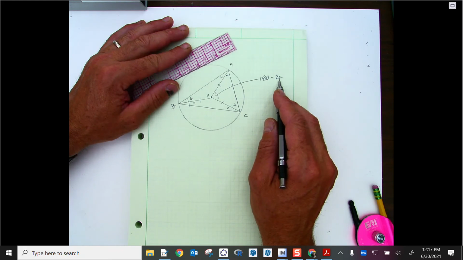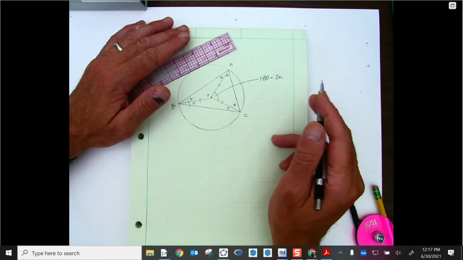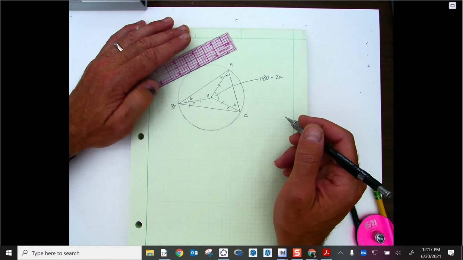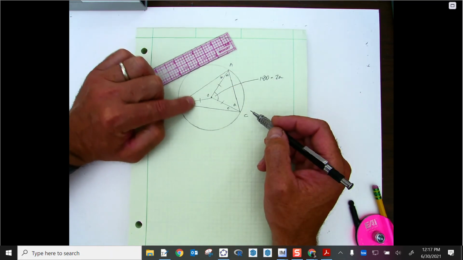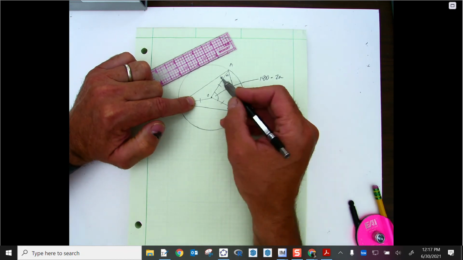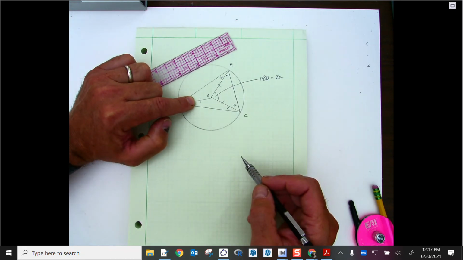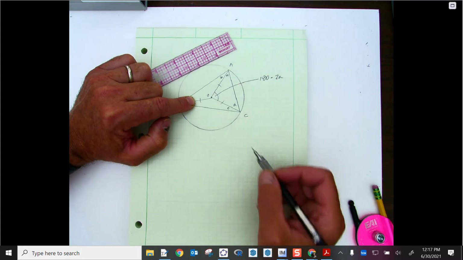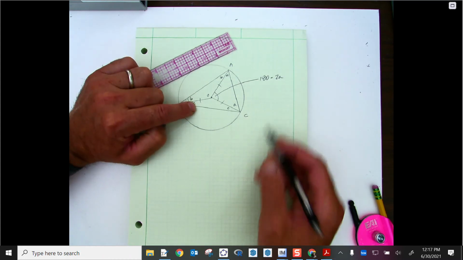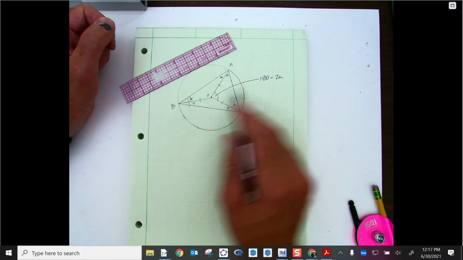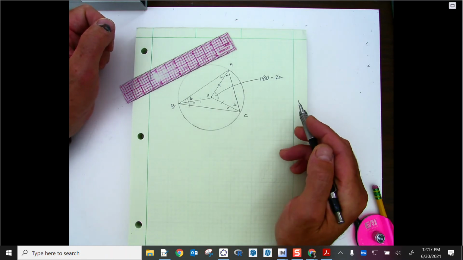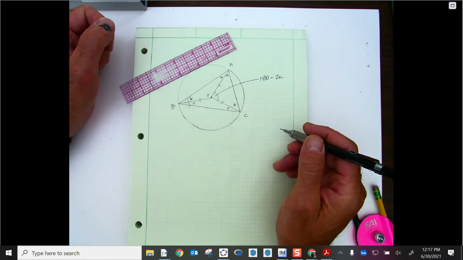I can see that there's a whole bunch of triangle angle sums in here, but I think the right one to do is the big one. Because in the big one I get a B plus C here, and I get C's and A's and B's here, and that might allow me to squeeze out that B plus C is half of 180 minus 2A. That would be the idea.